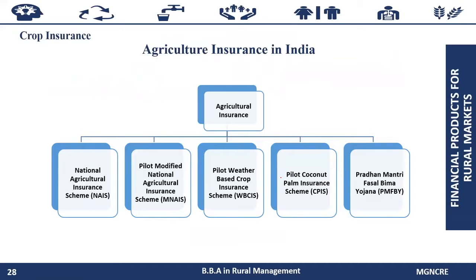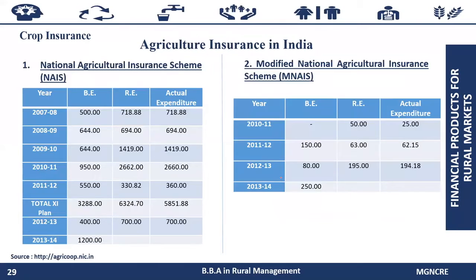These are the various agriculture insurances in India. We will look at them one by one. Firstly, the National Agricultural Insurance Scheme. The objective of this scheme was to provide financial support to farmers when there is a failure of crop because of natural calamity, pests, and diseases.